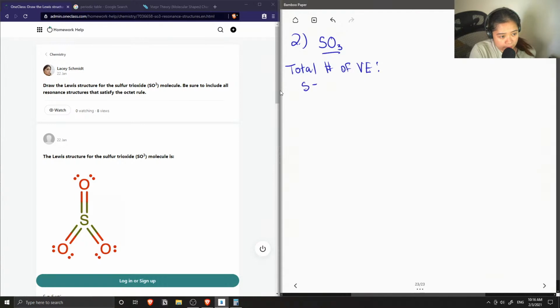Okay, so sulfur has 6 valence electrons, and oxygen also has 6. But since there are 3 oxygen atoms, we multiply this by 3. So in total, this gives us 24 valence electrons.